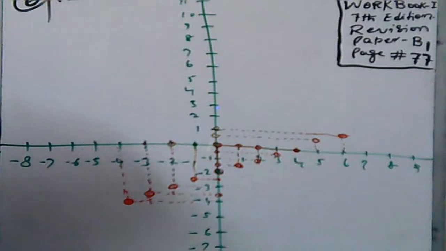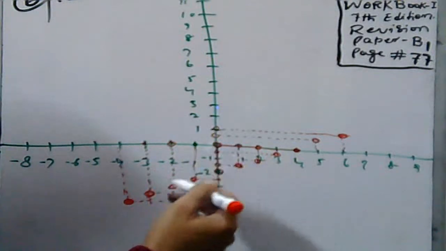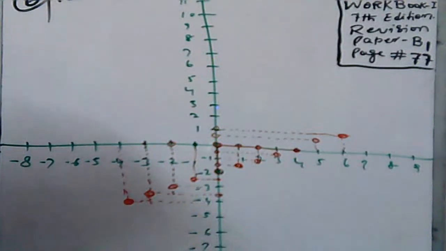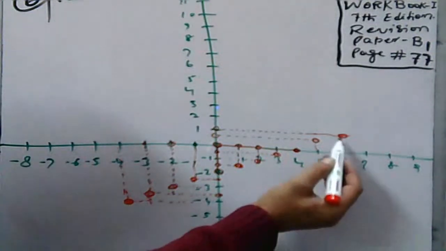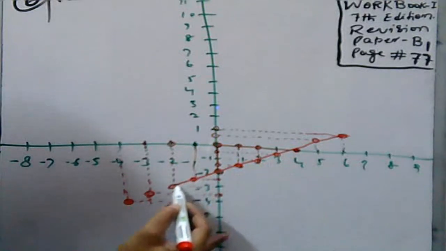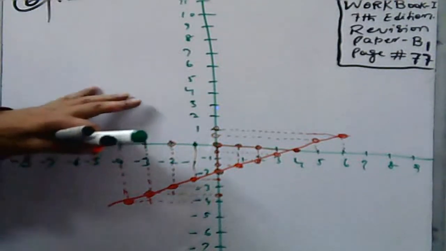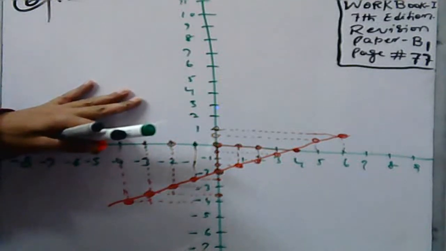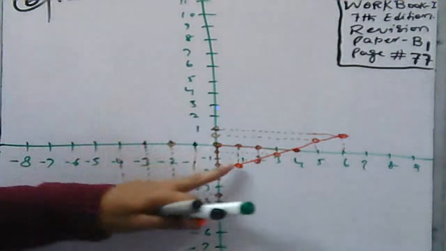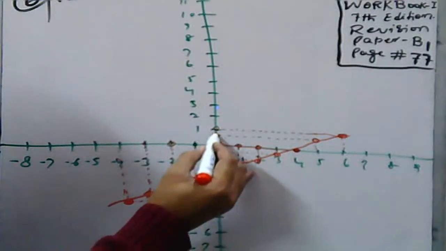Now further points are given with the help of the table we have made. One line is this, you can join this one, like this. Similarly, for the other equation, for 0 you will get 5, up to 5 positive.